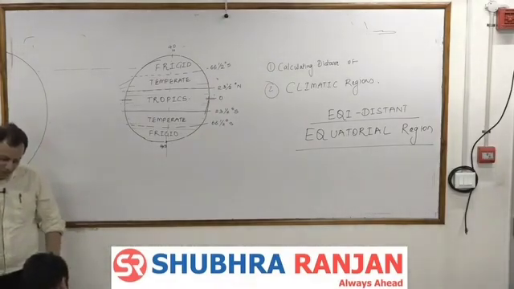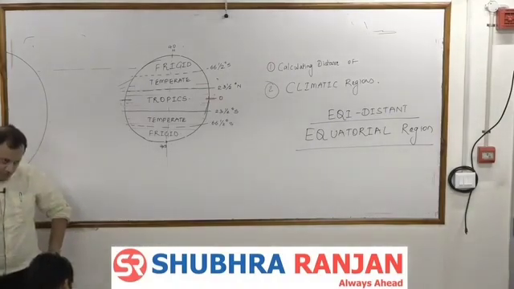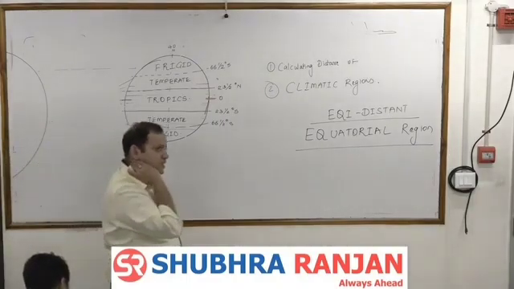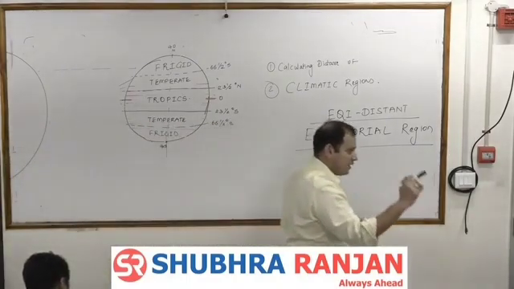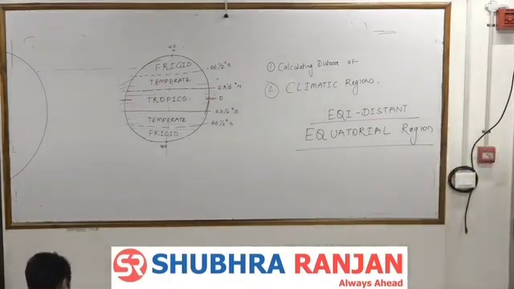The region is known as tropics. Because this is the region of maximum northward and southward extent of sun.